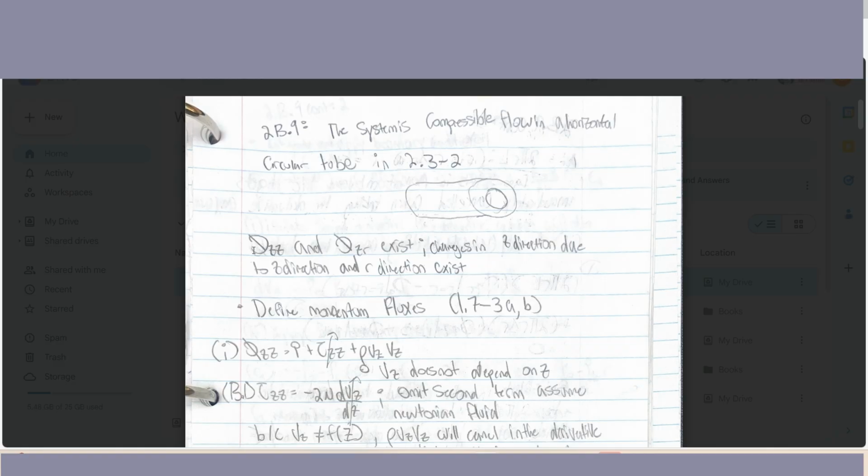So momentum flux in the ZZ direction and ZR direction exists. I'm not actually sure, but I guess regular pressure just depends on the Z direction. I'm not sure exactly why that is.